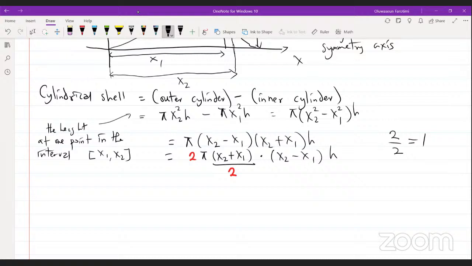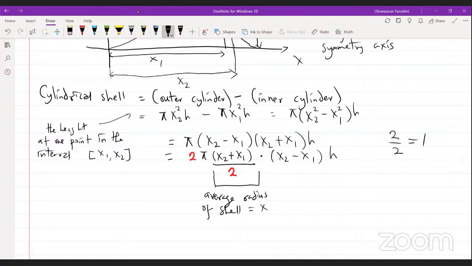Okay, so this guy is actually what we call the average radius of the shell, which is just equal to x. We just call it x.